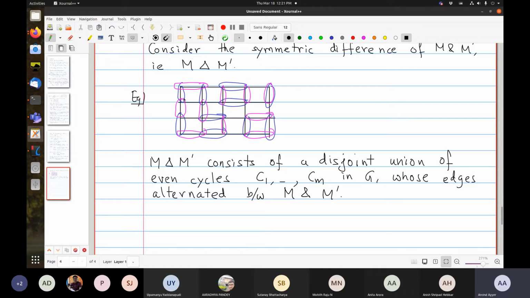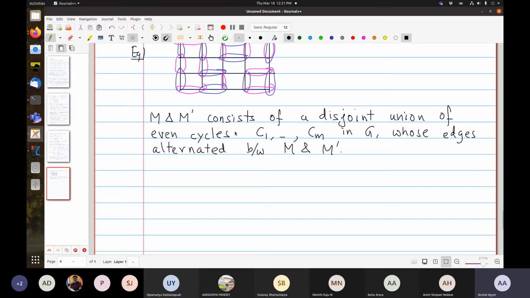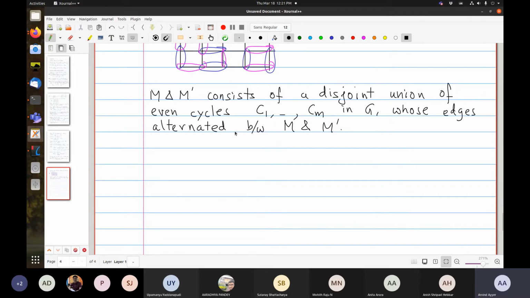Exactly. Right? Just like in this figure, you can see there's this cycle, what is it? 8 cycle, no, 10 cycle, 4 cycle, another 4 cycle. Okay. Right. Perfect.